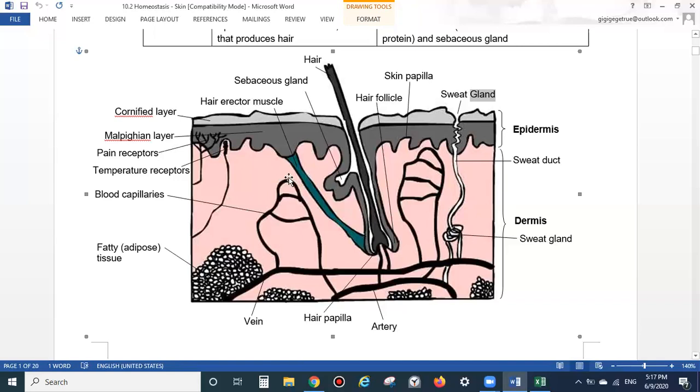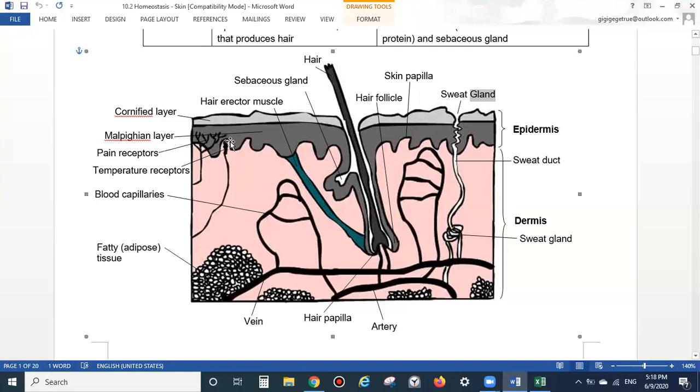And then this thingy here that looks a funny shape, this is actually your blood capillaries. Okay, and the round thingy is your fats. And then there are two receptors over here. The one that looks like a flower, with many branches, is your temperature receptor.